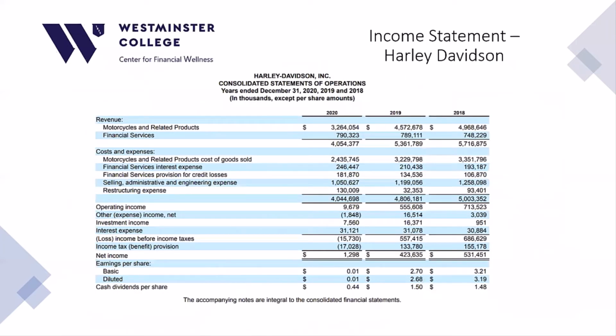Let's take a look at a real business. Instead of our little company's financial statements, we'll look at Harley Davidson. This is their income statement. We can see from the revenue accounts that Harley Davidson sells both services and motorcycles, so services and products.